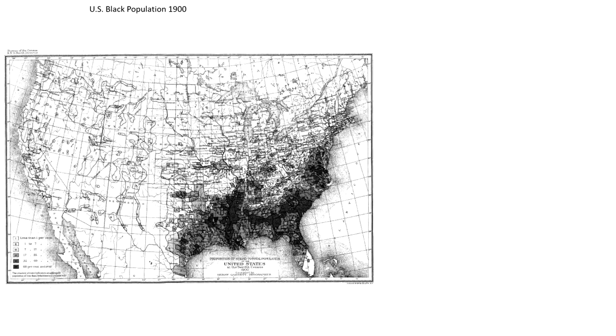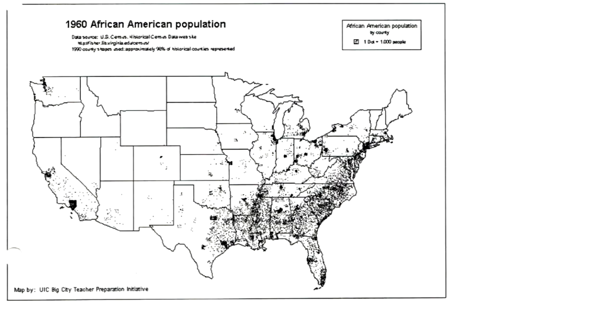This is a map version of the same data. African Americans went from living in the rural South almost exclusively in 1900 to an urban people spread across cities in the South and in the non-South. And we can see that the clustering of the African American population are in major cities.